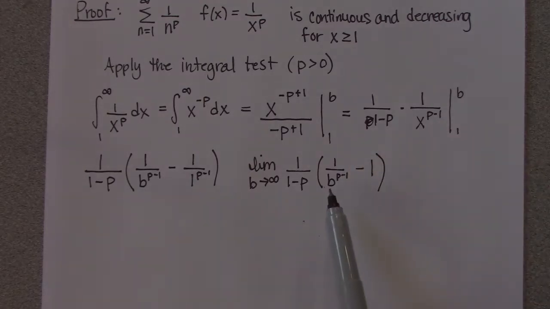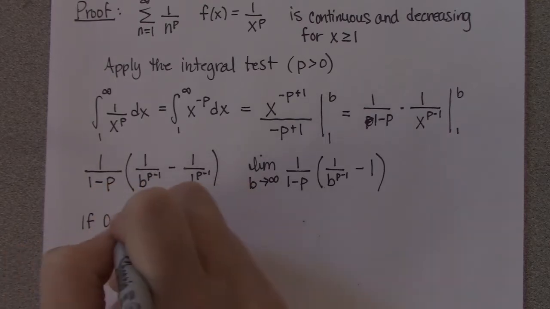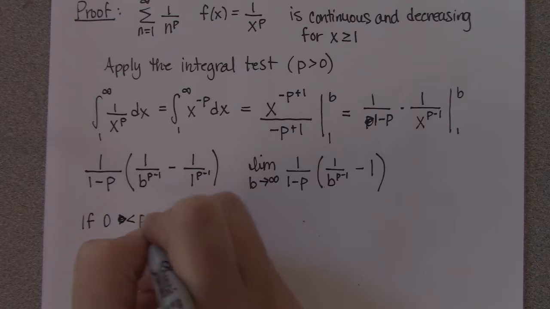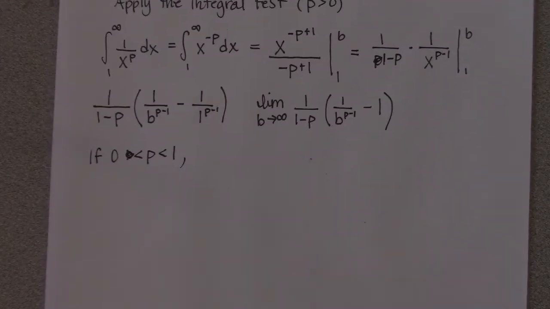So now what I have to do is evaluate this limit, but this is where I got to break p up into a couple of cases, okay? So the first condition is, well, what if p is between 0 and 1? What does the limit look like?